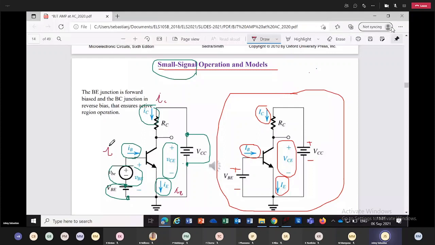So if these two batteries are short-circuited, that is your VBE is short-circuited and your VCE is short-circuited, all the currents become AC collector current, AC base current, AC emitter current. Are you able to grasp that concept?